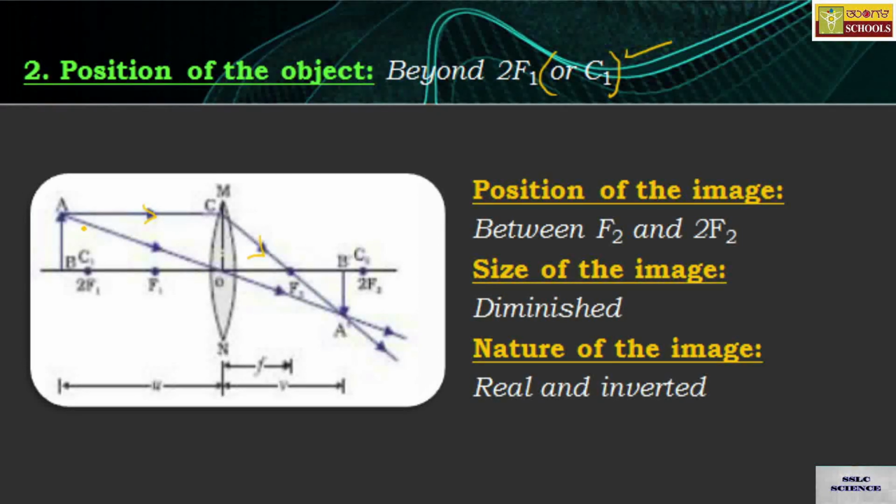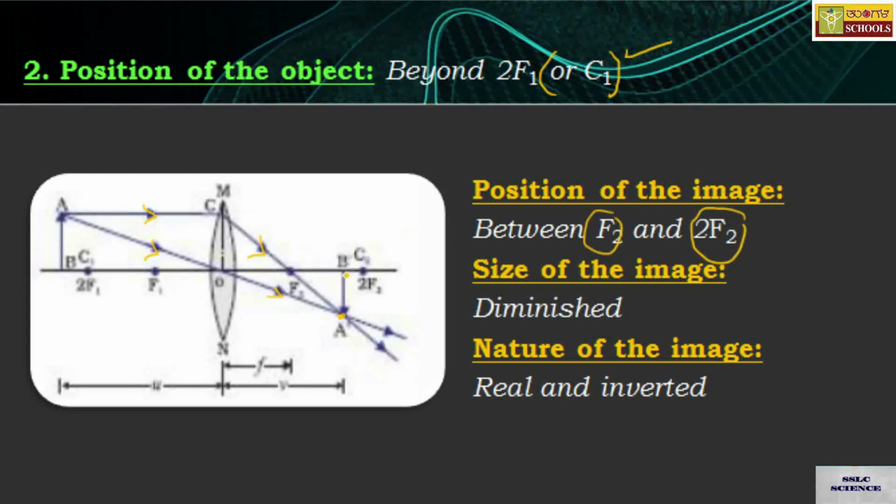And we have one more rule used, that is, the ray which is moving through the optic center O will go undeviated, and these two lines are going to intersect at one point. That point is between f2 and 2f2.